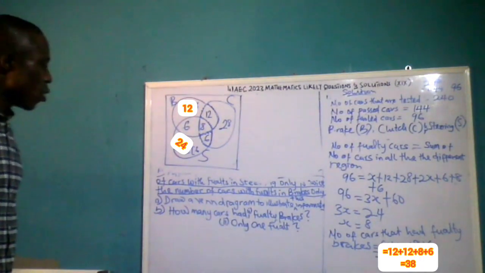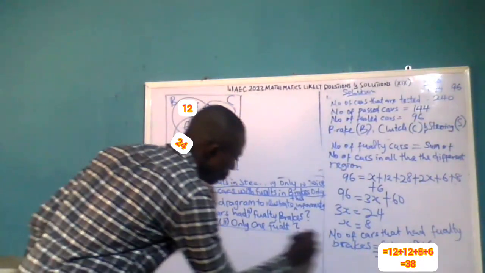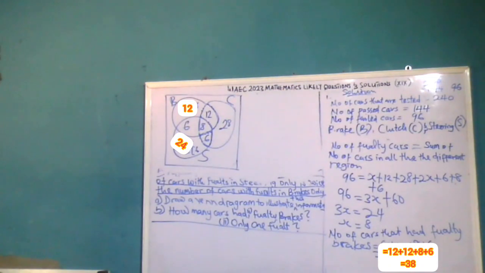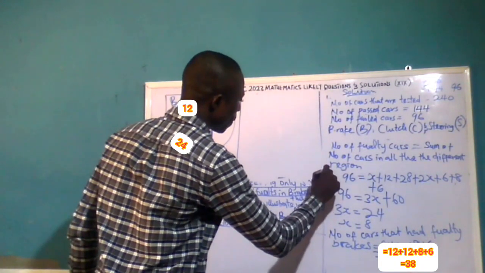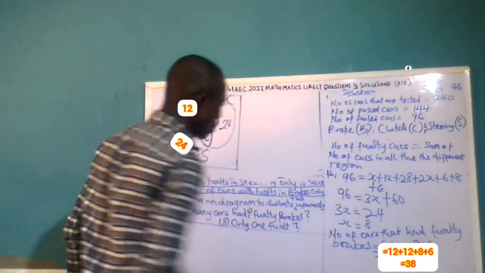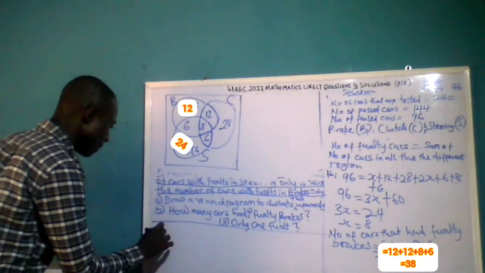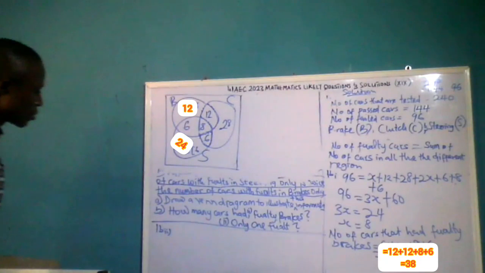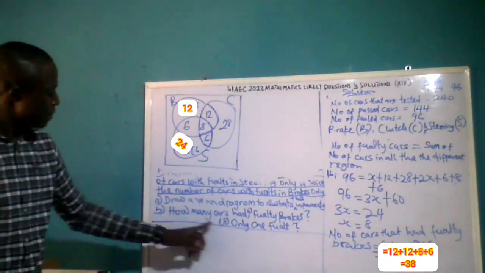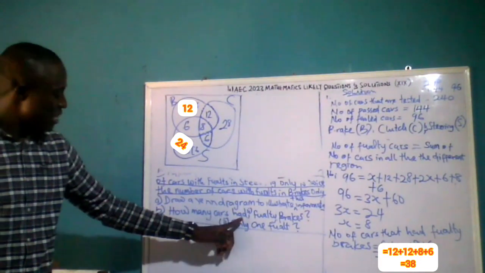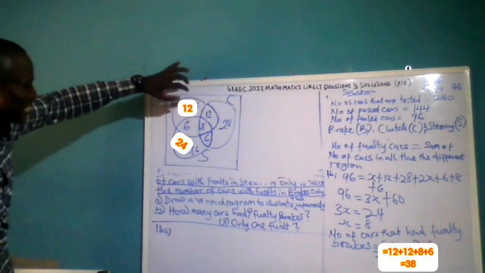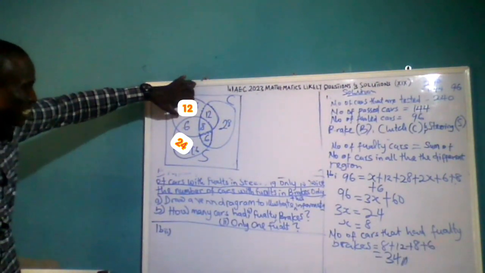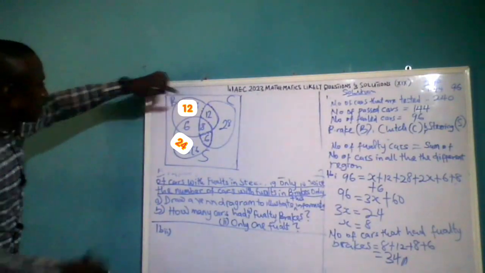Now let's look at 1B Roman figure 2. We have to find the number of cars that had only 1/4. Look at the regions that do not intersect any other region.